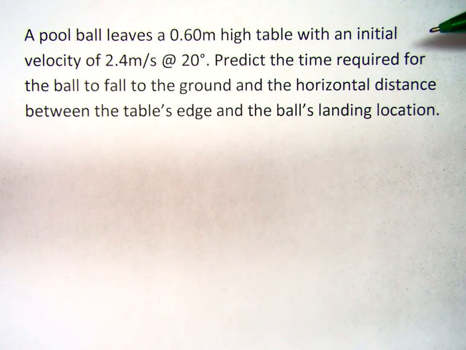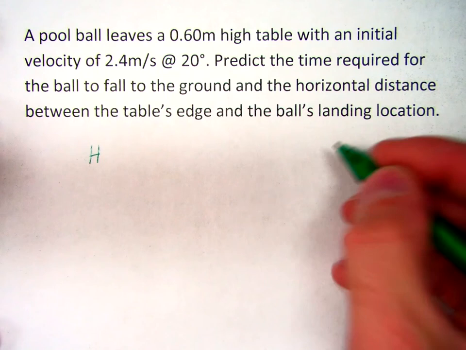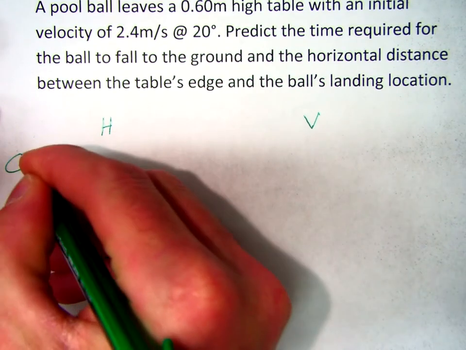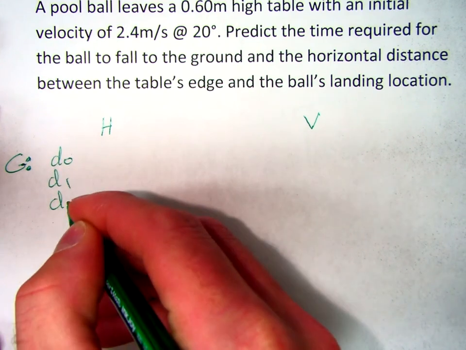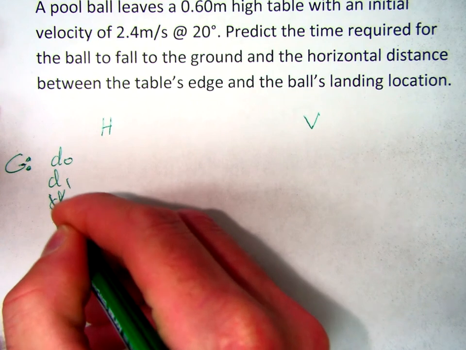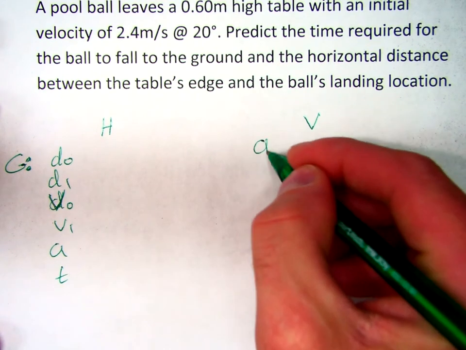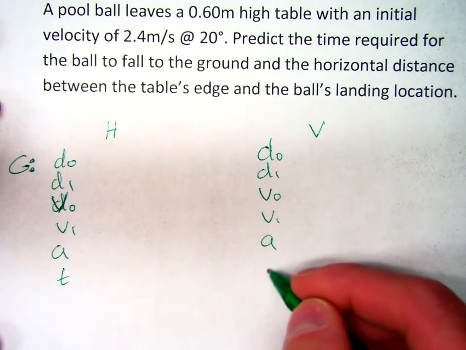And so my 2 columns are going to be horizontal and vertical. Or you could say x and y. The y would be vertical. So I'm going to say h for horizontal and v for vertical. And then I'm going to write my givens, g, and then I've got d0, d1, v0, v1, a, and t, for each column.